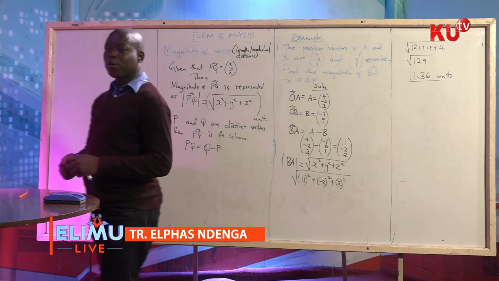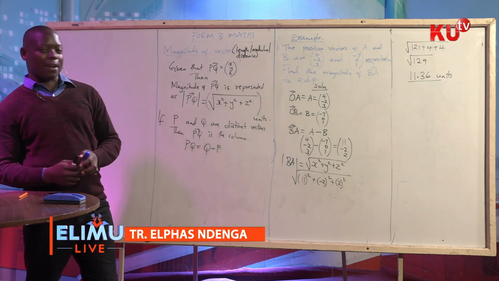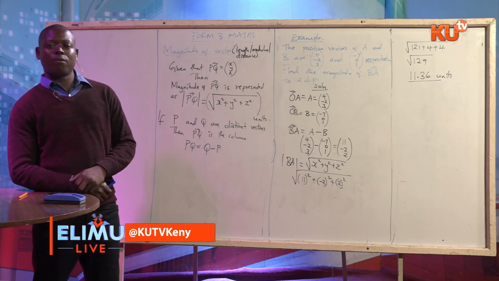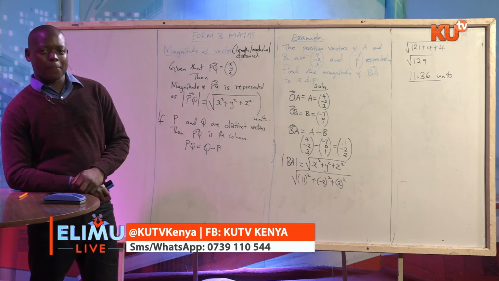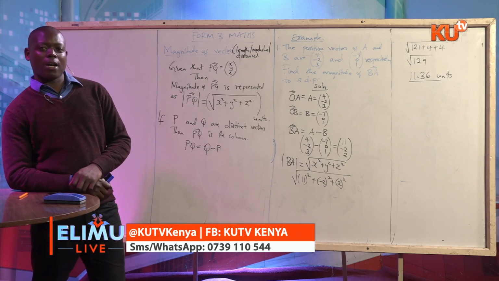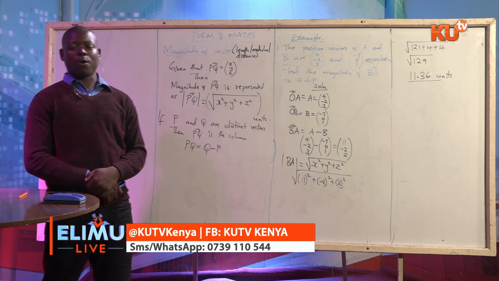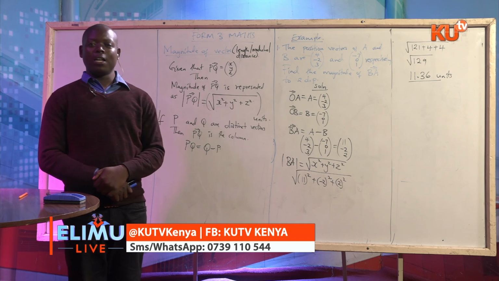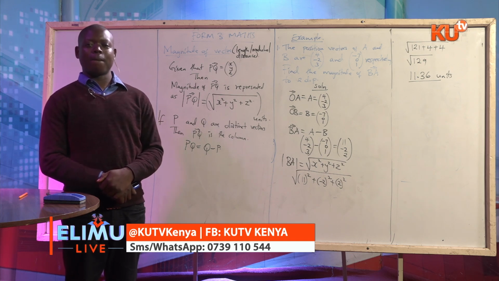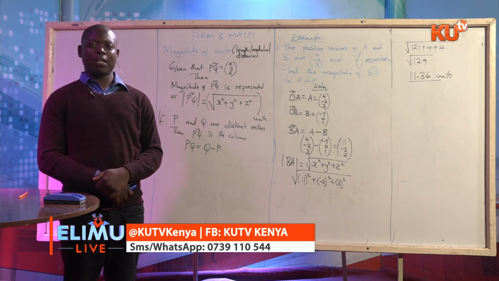That is the solution for question number 1 on the magnitude of a vector: the square root of x squared plus y squared plus z squared. Any question from students? Are we all together, students?